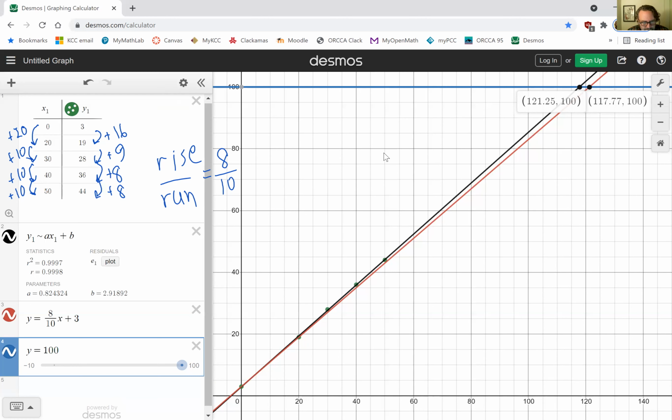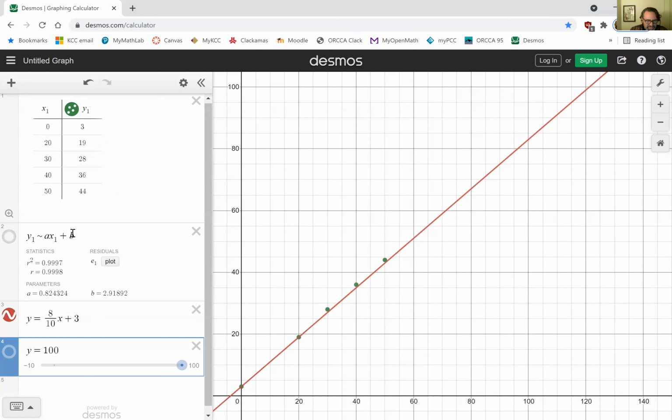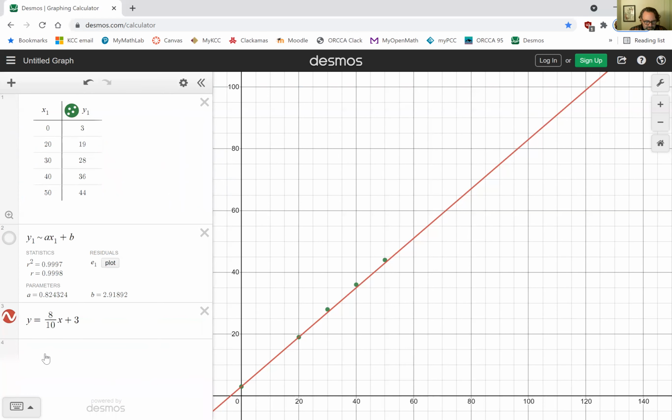So there you go. We could also use point slope form. This video is just going to be a mishmash of different things, so I'll delete that stuff that I drew there. I'll hide some of these things here. If we want to use point slope form, we can use our same slope.